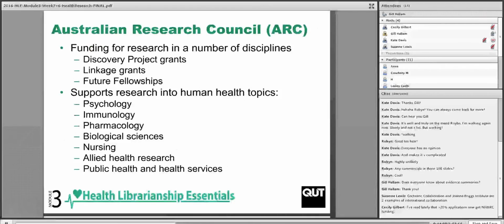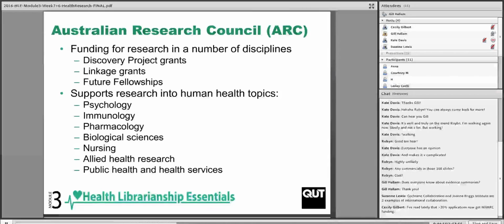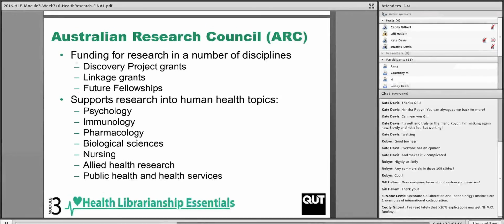The ARC, again, if you're in the academic environment, you understand the battle, the prestige that accompanies grant funding through the ARC, and there's a number of different types of grants, and a lot of allied health areas are funded through ARC rather than necessarily through NHMRC.